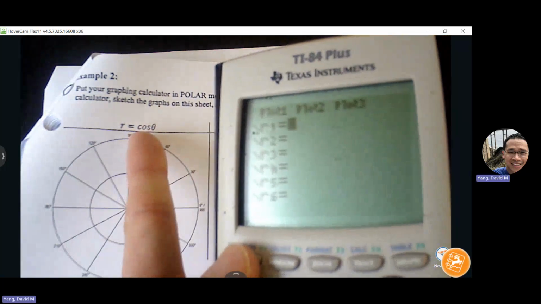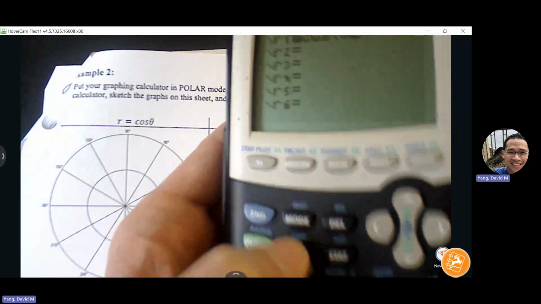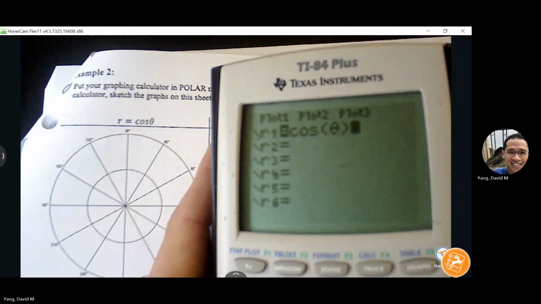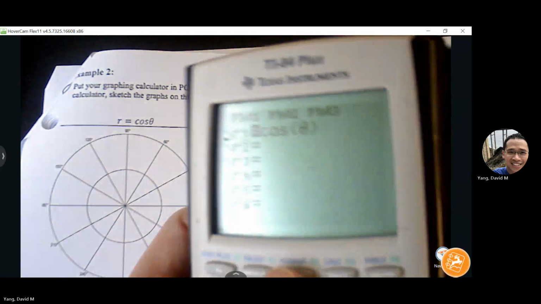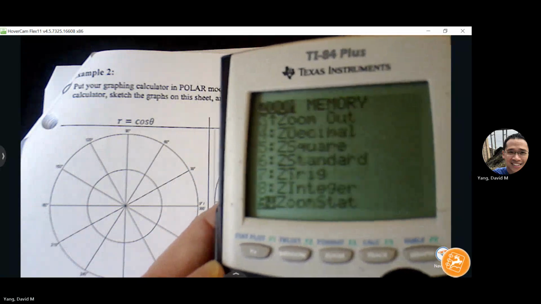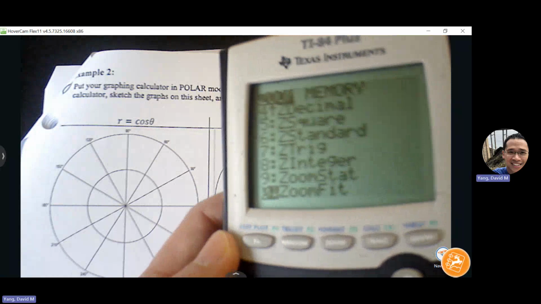Okay, and we'll type in r equals cosine theta. Theta is going to be where the X button is. Go to zoom. I think it just depends on how you want the graph to look.